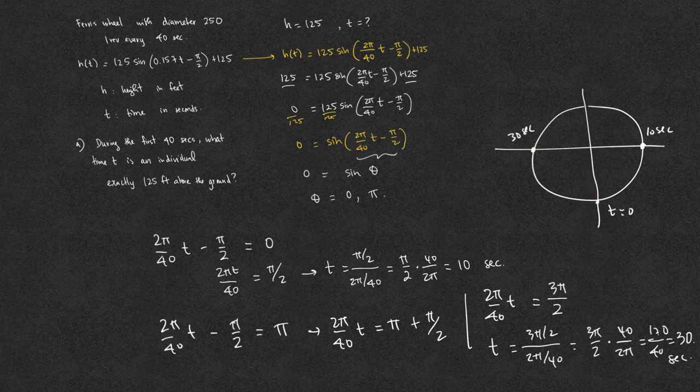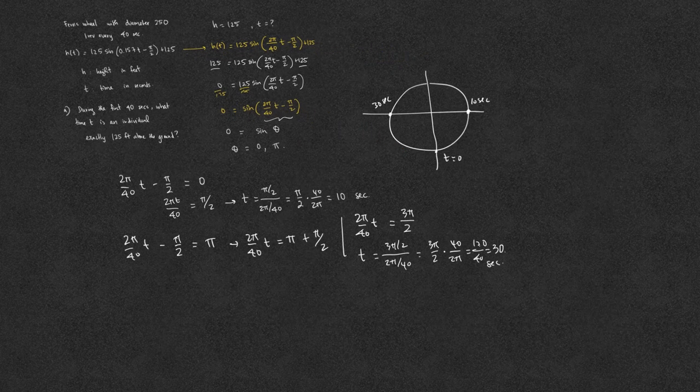So for part A, the individual is exactly 125 feet above the ground at 10 seconds and 30 seconds. For part B, during the first 80 seconds, at what time t is an individual exactly 250 feet above the ground?